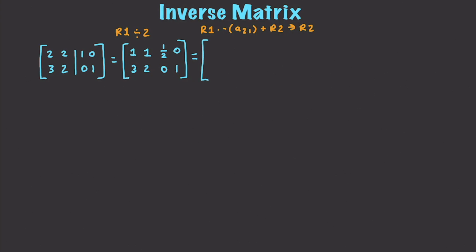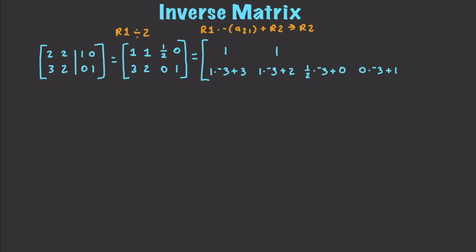So let's do that. This is going to end up being 1 times negative 3 plus 3. 1 times negative 3 plus 2. 1/2 times negative 3 plus 0. And 0 times negative 3 plus 1. This, of course, stays 1.